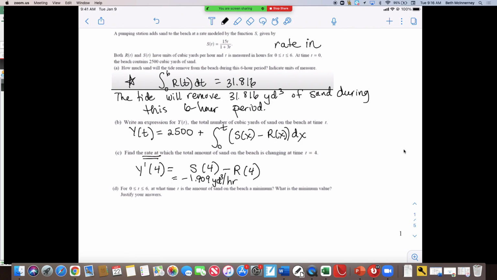So I got, when I did S of 4 minus R of 4, I got negative 1.909. So it's really, really important that you know how to press the buttons on your calculators, okay?